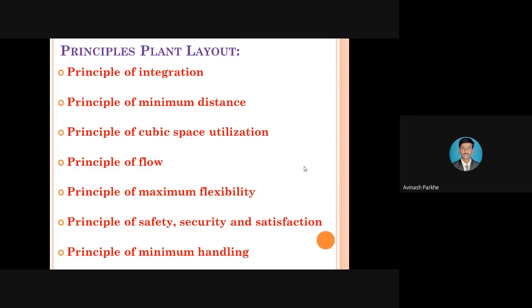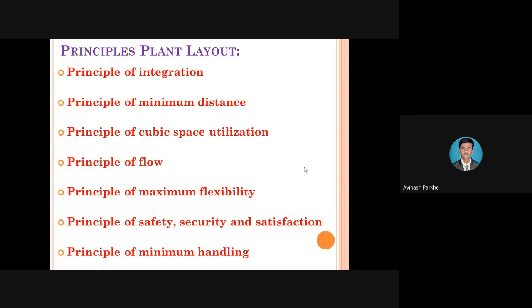During the designing and implementation of the plant layout, we have to consider these 7 principles. If we consider all these 7 principles, utilization of all the resources will take place in an effective manner, and at the end, the productivity of your industry also goes on increasing.